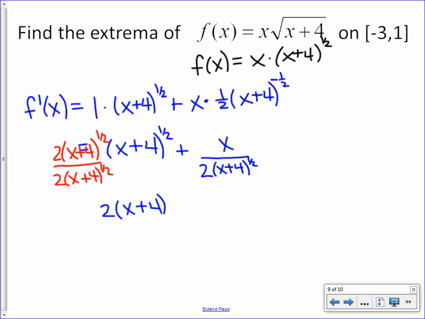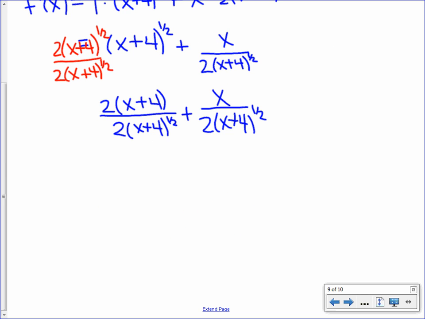When we multiply, we add our powers together. And then we would add it to our second fraction.